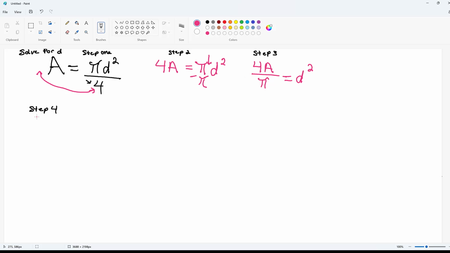After you do that, you're going to end up with that d squared. You can't have that squared with the d because you're trying to solve for d, not d squared. Now, if it said solve for d squared, then you'll have 4a over pi equals d squared, but it didn't tell you that, now did it? It says solve for d, which means you have to get rid of this squared symbol here.